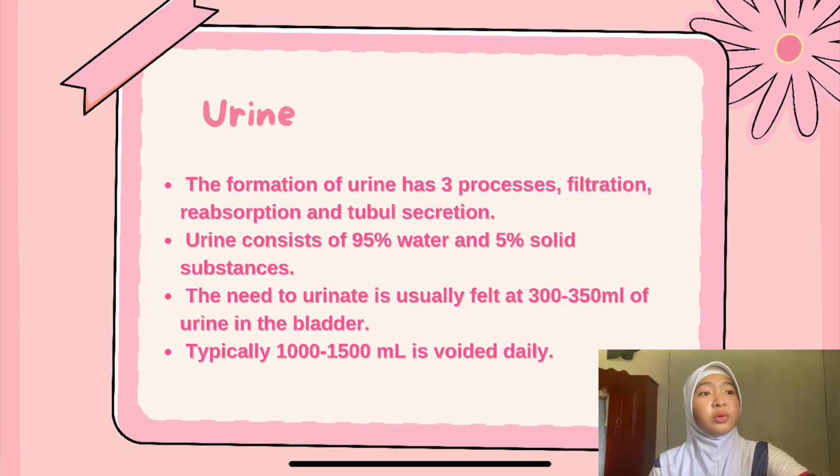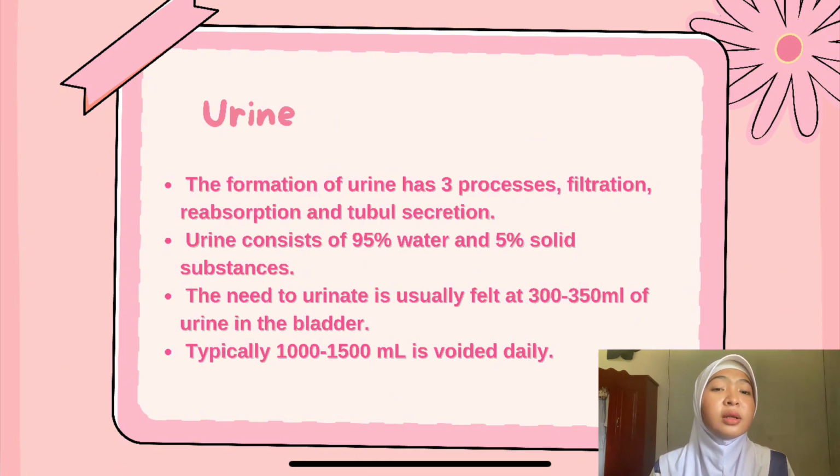So, yung 5% na yan is yung urea, creatinine, ammonia, and uric acid. The need to urinate is usually felt at 300 to 350 ml of urine in the bladder.